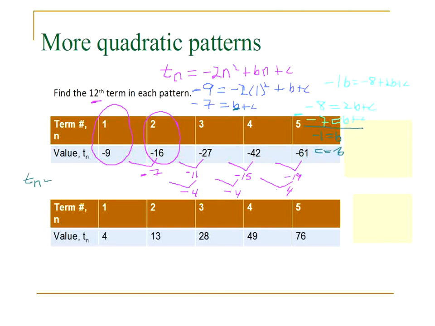So the equation here is Tn equals negative 2n squared minus n minus 6. Now I can plug in n equals 12 to find the 12th term.